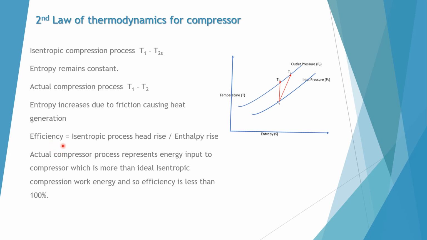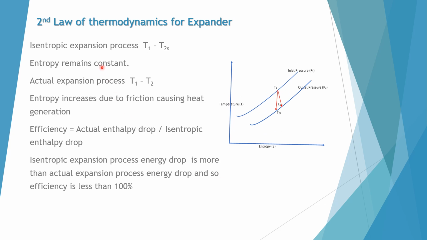So efficiency is equal to isentropic process enthalpy rise, that is T1, T2S, upon actual enthalpy rise, that is T1, T2. As the actual enthalpy rise energy is more than the isentropic process enthalpy rise energy, efficiency is less than 100%.